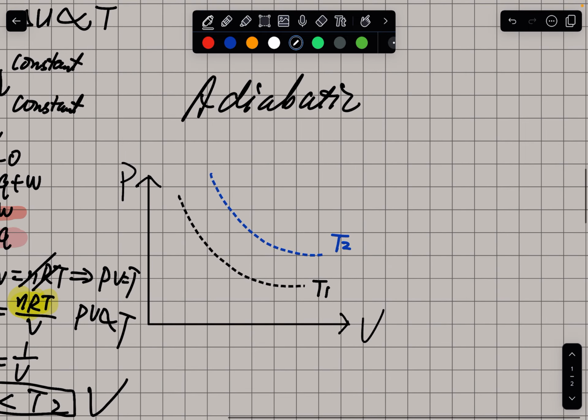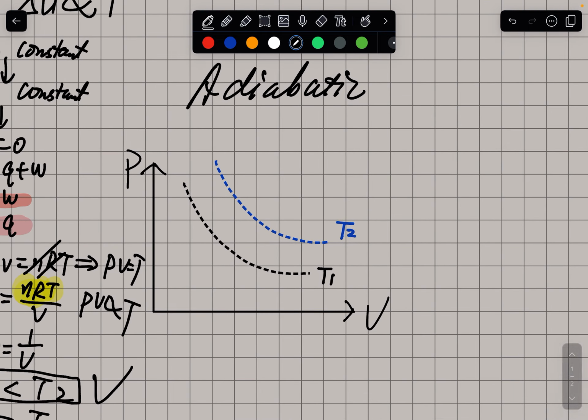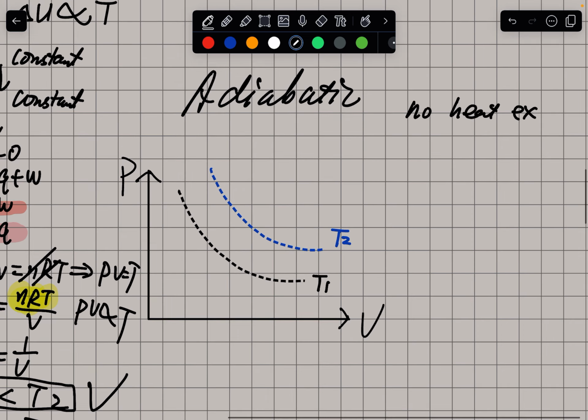So lastly, let's move on to adiabatic. Adiabatic is the process where you have no heat exchange. So if you have no heat exchange, meaning delta U equals Q plus W, but the Q part is not accounted for, so delta U relies only on work.